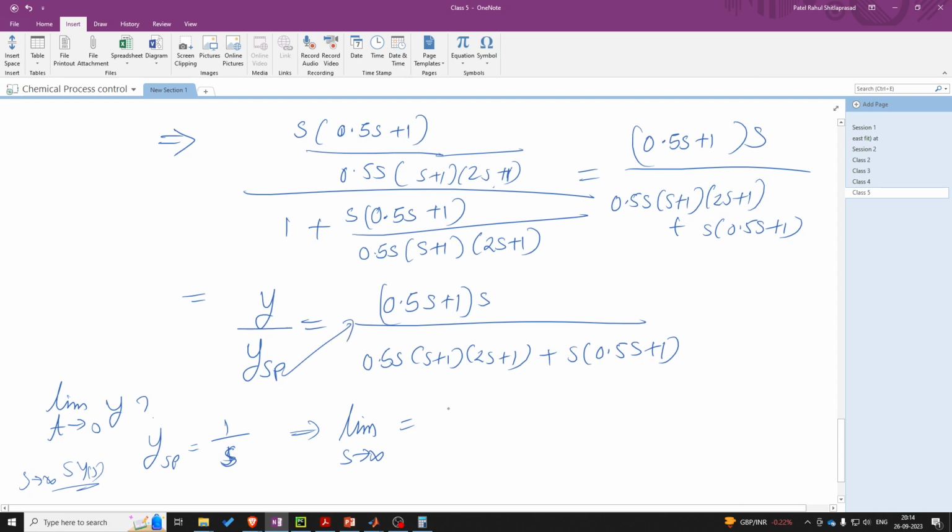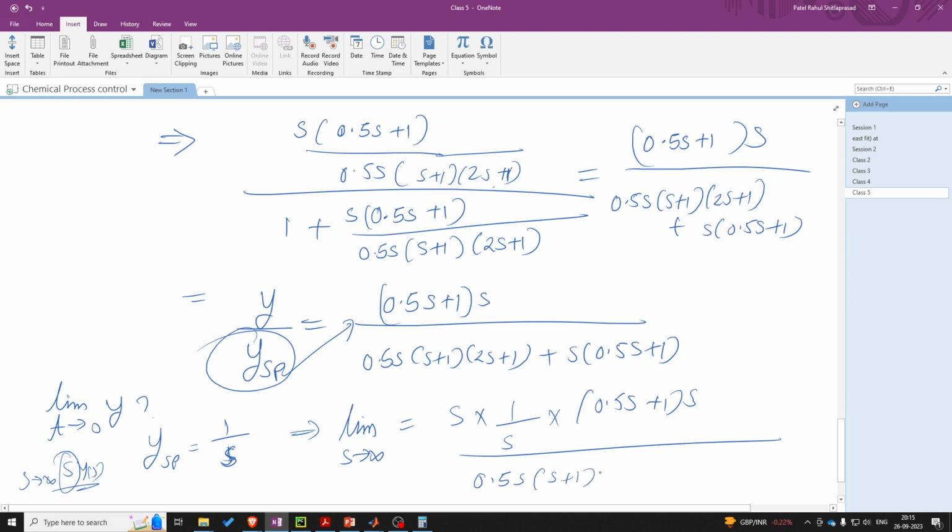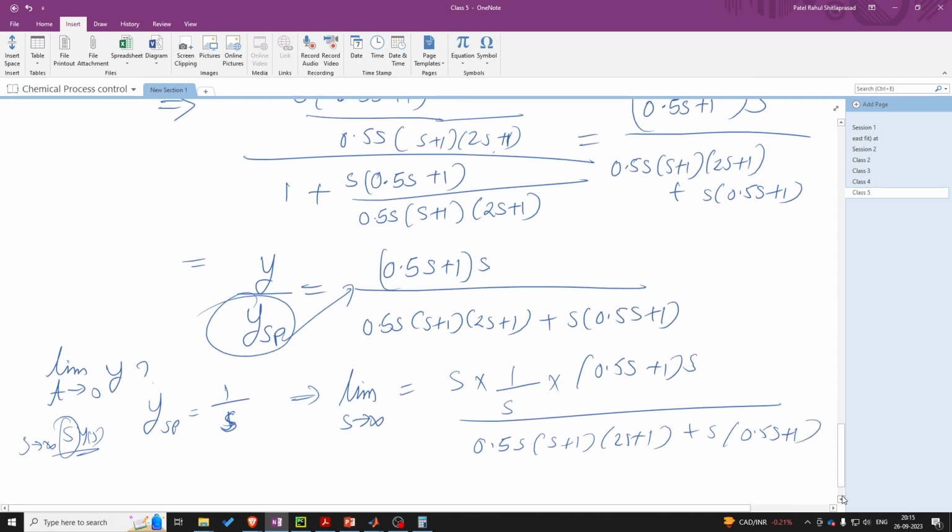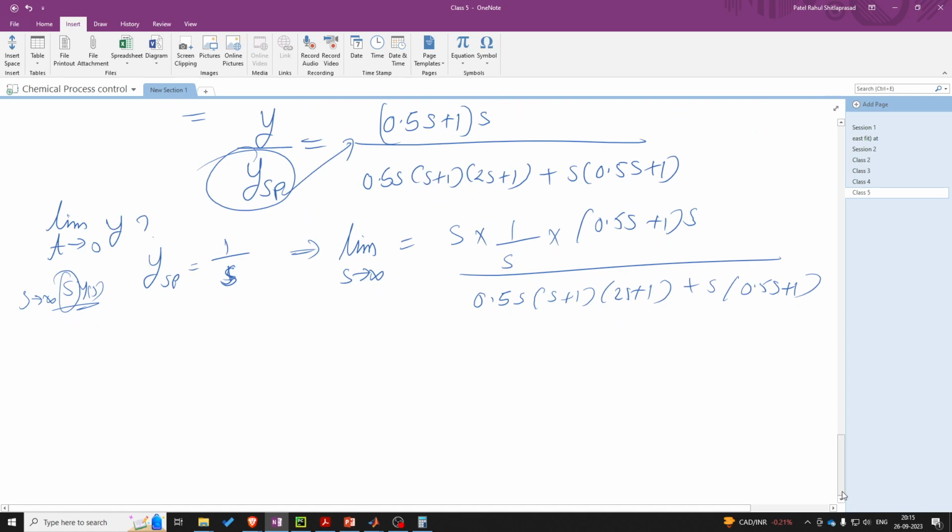So it will become, over here first this s, corresponding to Ysp we are having 1 upon s, then (0.5s plus 1) into s upon (0.5s plus 1)(2s plus 1) plus s into (0.5s plus 1). In this we need to put the value of infinity, so let's simplify this further.